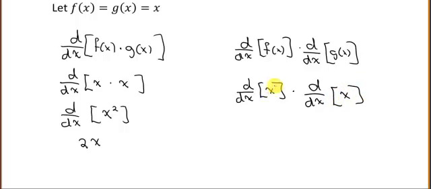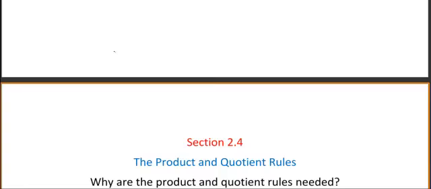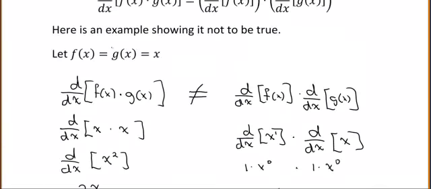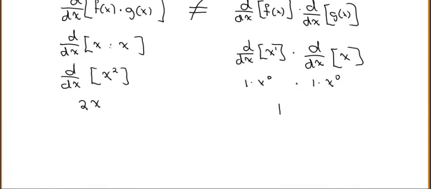And the derivative of x, remember, x is x to the first, so that would be 1 times x to the 0. Same thing here, 1 times x to the 0. And notice these are both 1, so this derivative would be 1. Notice in general, the derivative of the product of two functions is not the product of the derivatives. Well, if that's the case, then we should ask ourselves, what is it? Well, we'll have to come back to that in a few minutes.